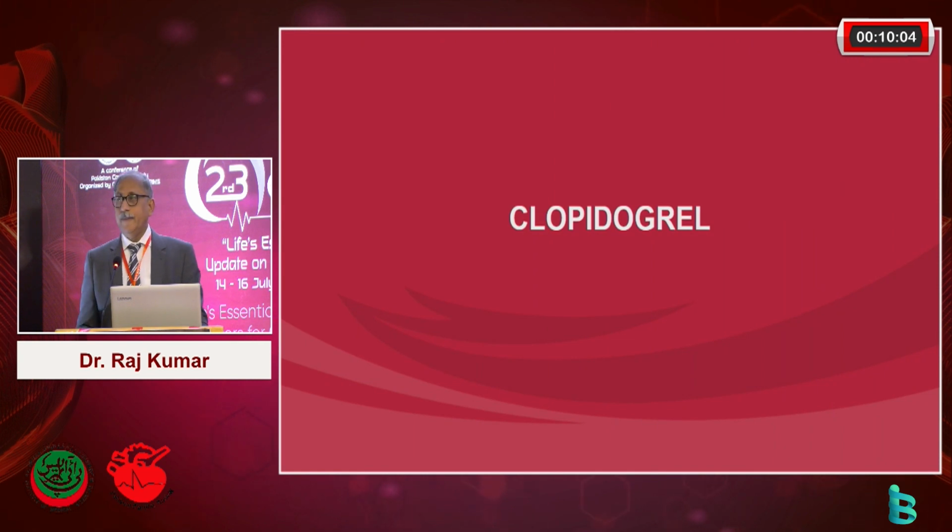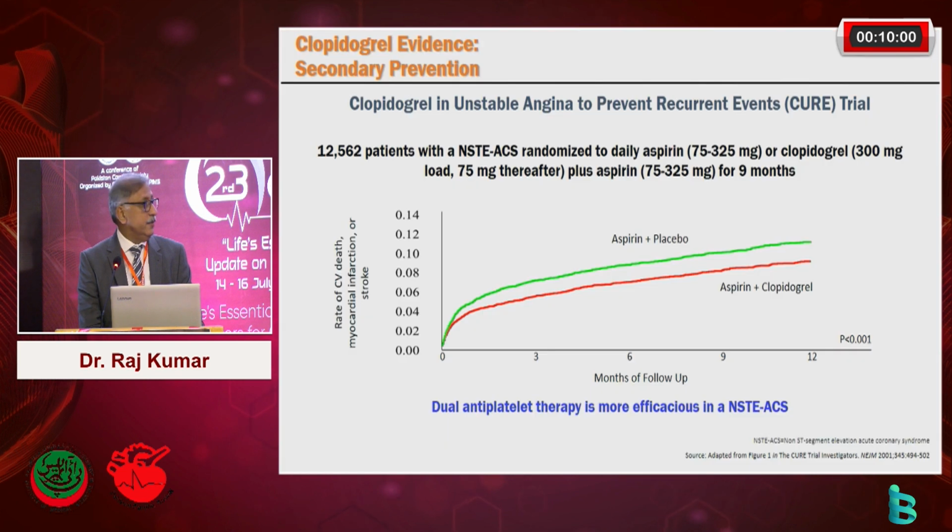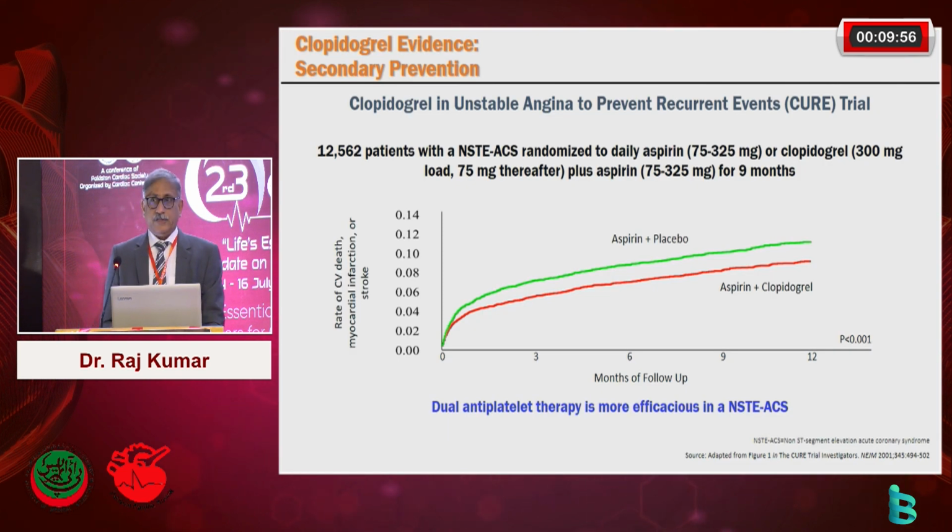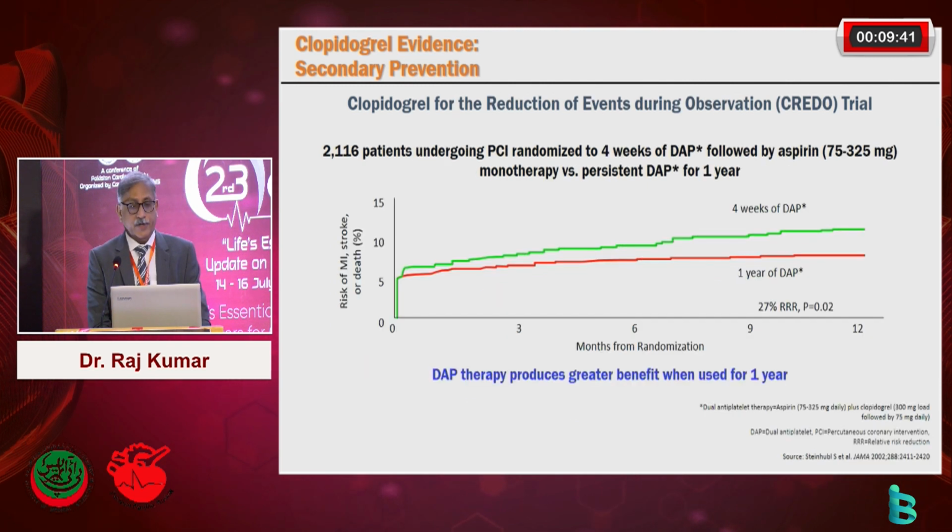Another remarkable drug is clopidogrel, a P2Y12 inhibitor. You can see the slide. I have selected only a few studies showing that dual antiplatelet therapy is more efficacious in non-ST elevation acute coronary syndrome. Here you can see the significance: at 12 months, the p-values are very significant.